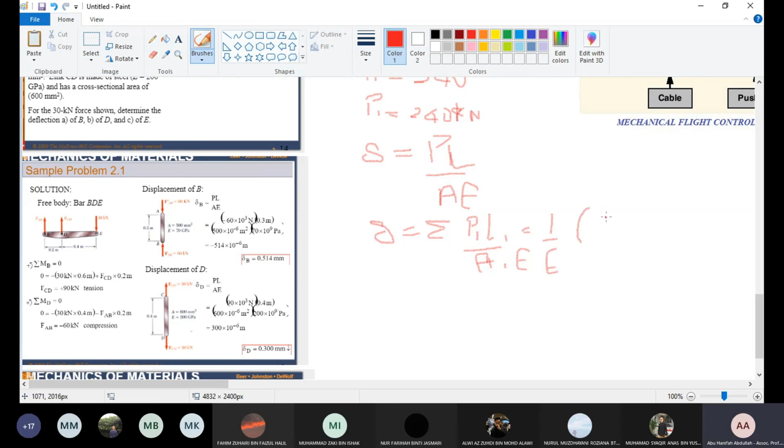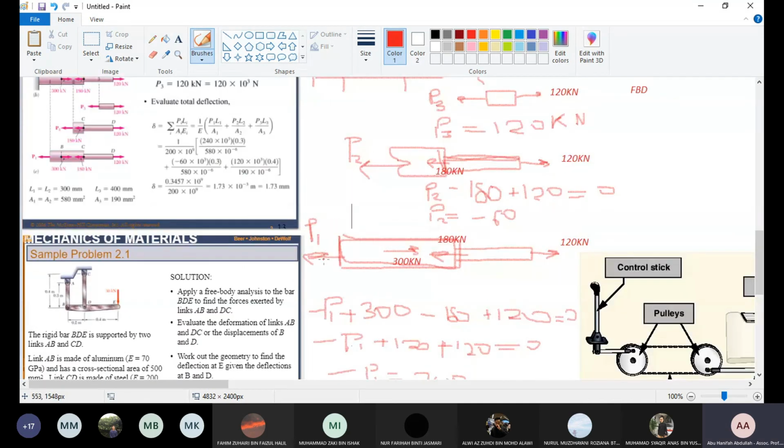You multiply by P1 L1 over the area. So delta will be 1 over modulus. P1 is 240.